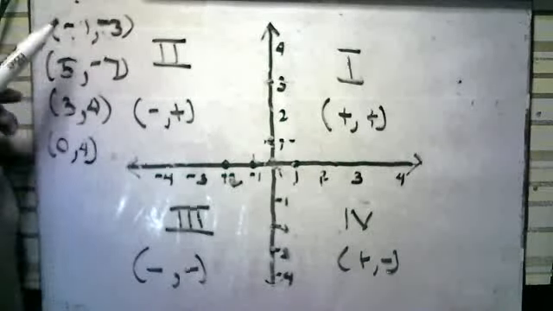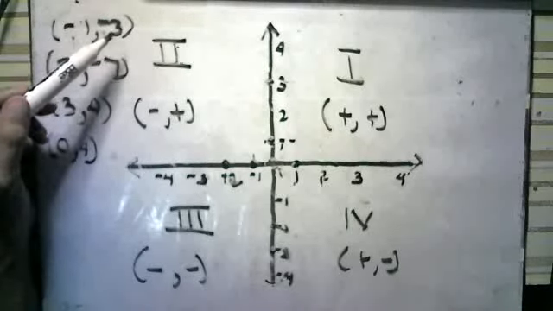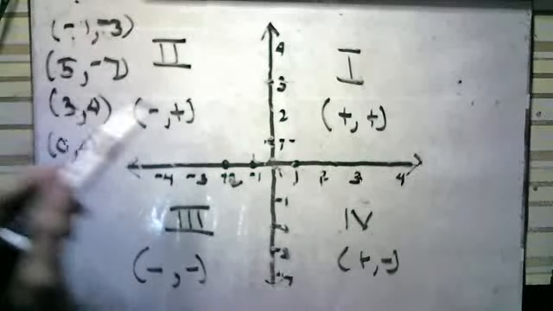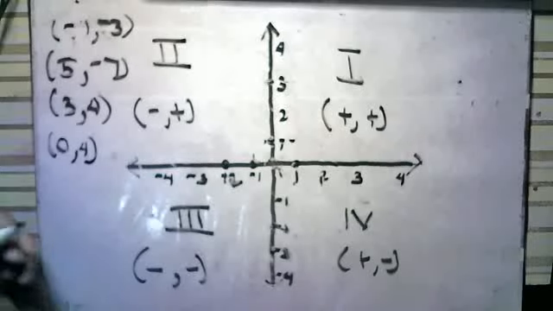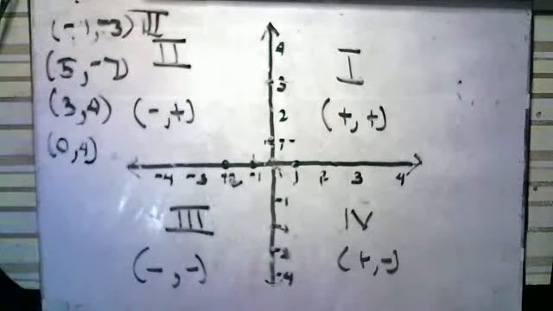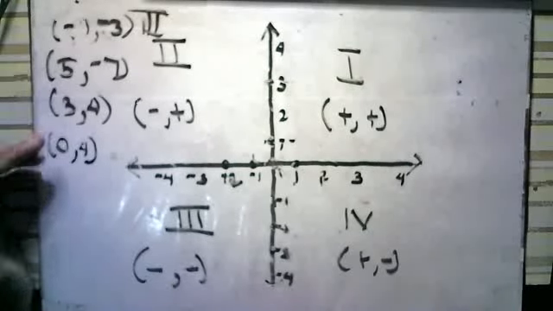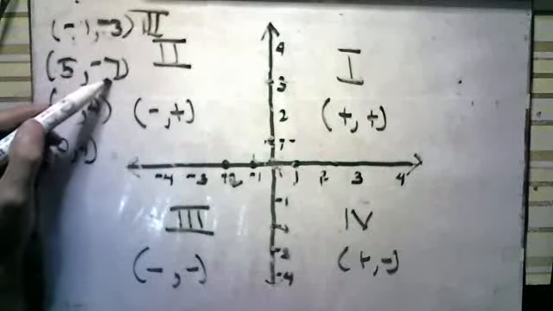Kung mapapansin nyo, si x-axis is negative, the y-axis is also negative. Alin ba sa apat na quadrant na yan ang negative negative? That will be your third quadrant. So number 1 will be third quadrant. Yan lamang ang gagawin ninyo. Next, 5, negative 7. 5 is positive, negative 7 is negative.